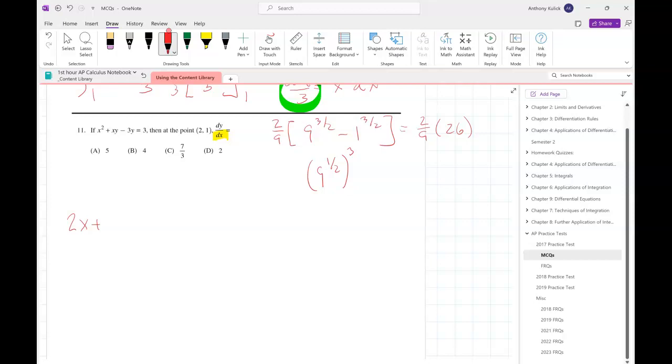no, it's a product rule. So I have 1 times y plus x times dy dx. Then minus 3 dy dx equals 0. So far, so good.